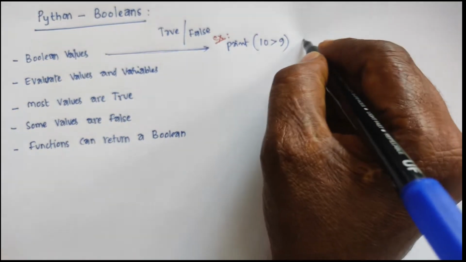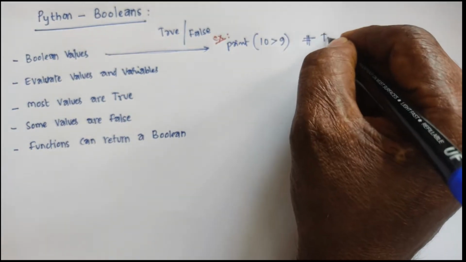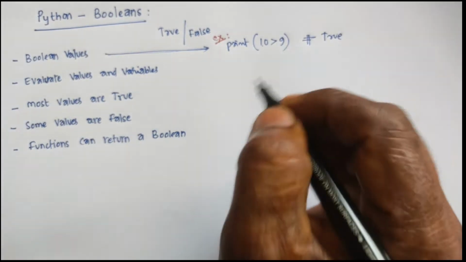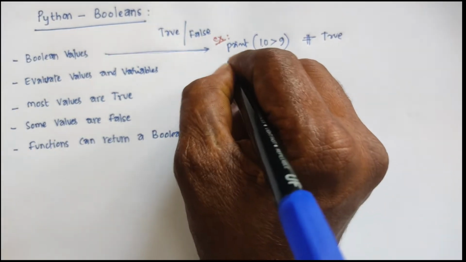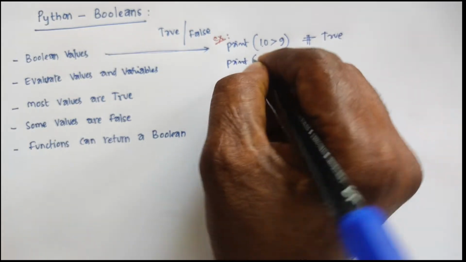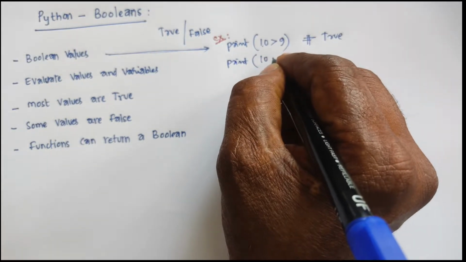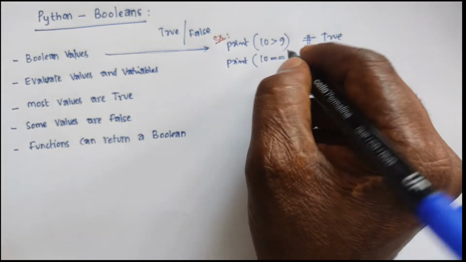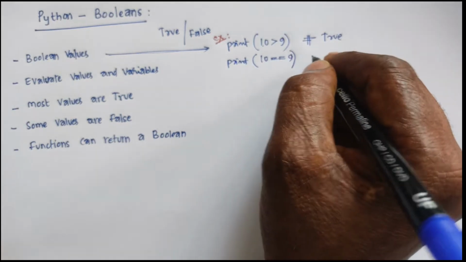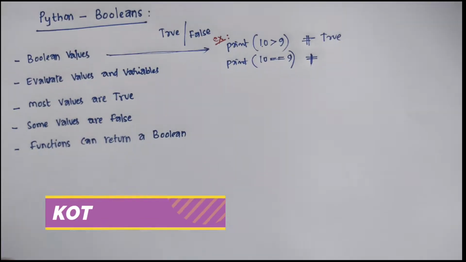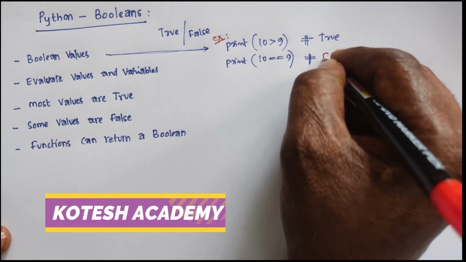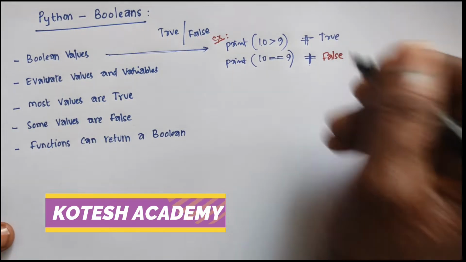Then the result you will get is true, because here 10 is greater than 9. Another example is print(10 == 9), double equal symbol. The result you will get is false. Why? Because both are not the same.